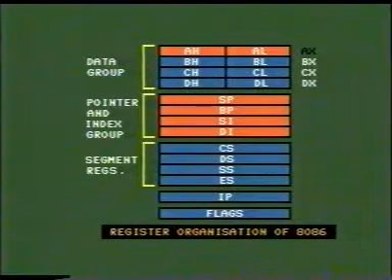The next four registers CS, DS, SS and ES are called segment registers. These are used for flexible addressing. The 16-bit instruction pointer IP essentially performs the function of program counter. The last 16-bit register provides 16 1-bit status flags, of which 9 are active.